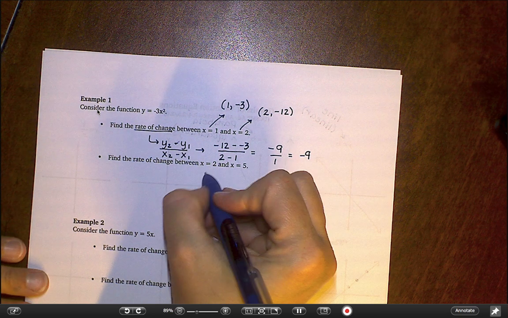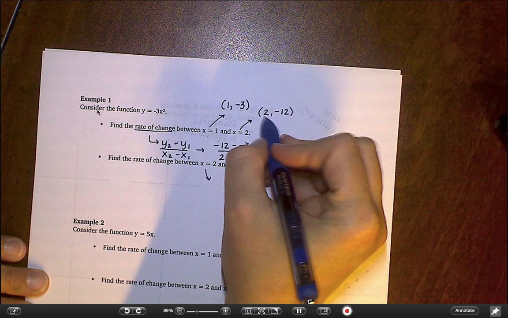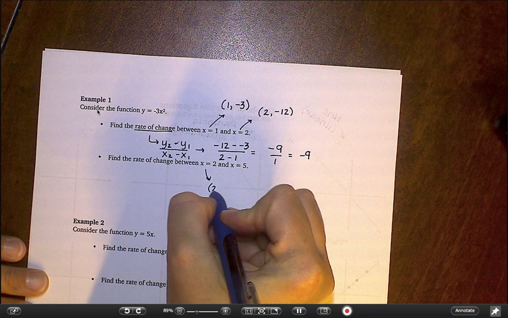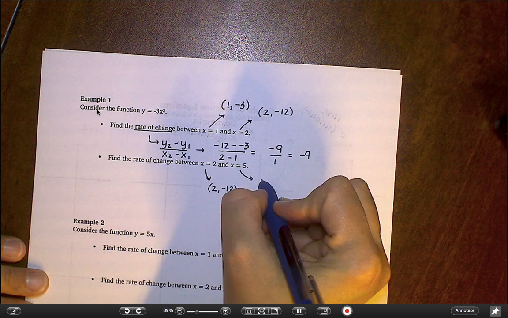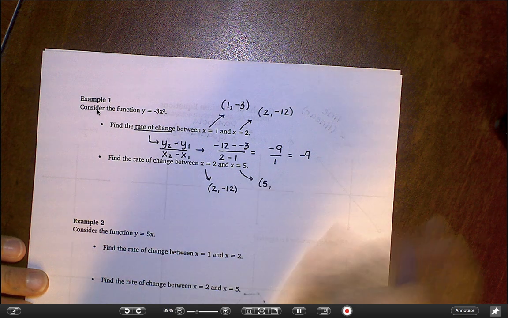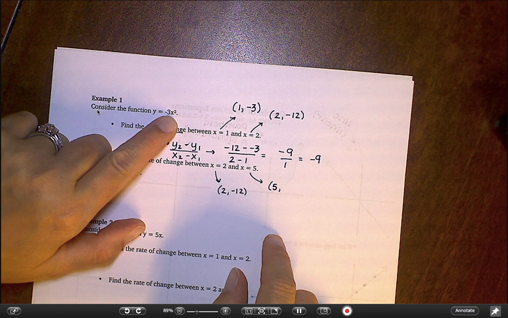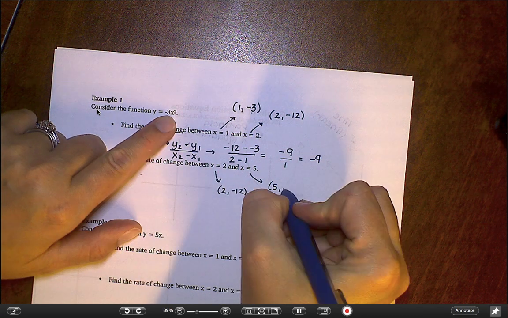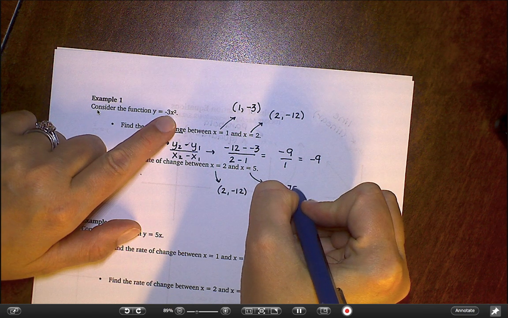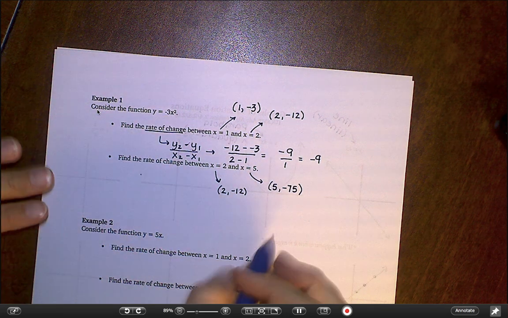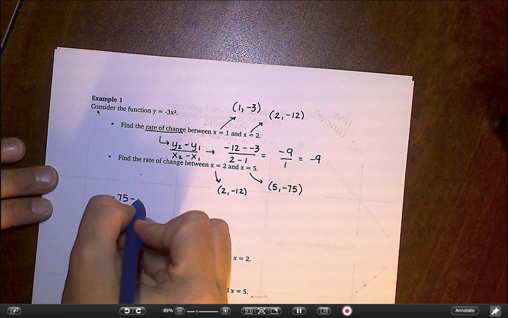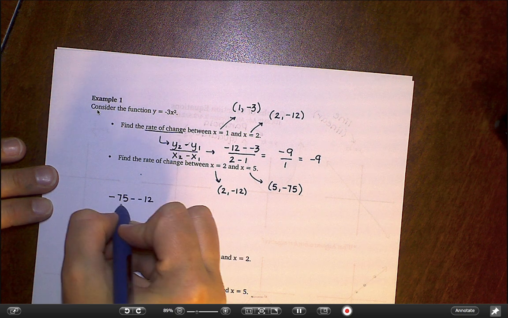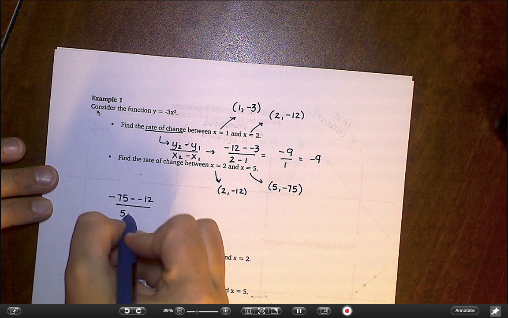So let's do the same thing with our coordinates. Now I already have the x equals 2 coordinate, 2 comma negative 12. I'm going to do the 5, so I would go 5, and then let's see. 5 squared is 25, and then 25 times negative 3 is negative 75. And so for rate of change, I'm going to go negative 75 minus negative 12 over 5 minus 2.